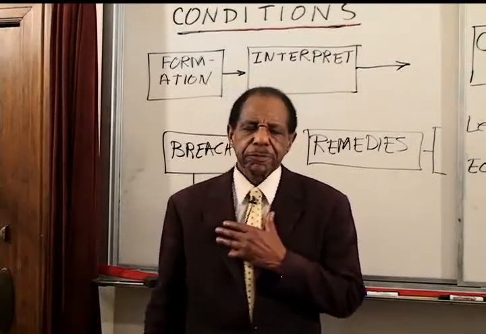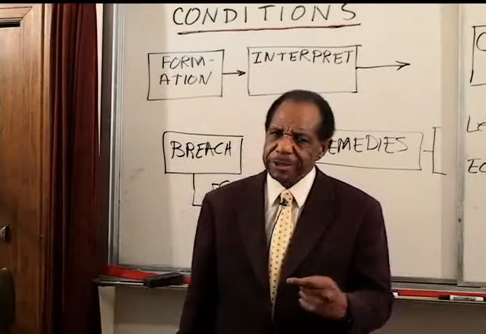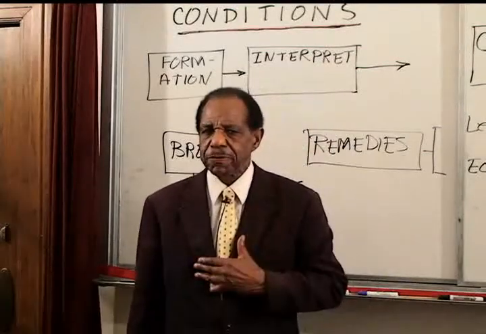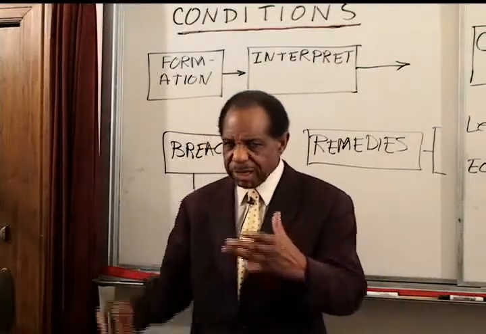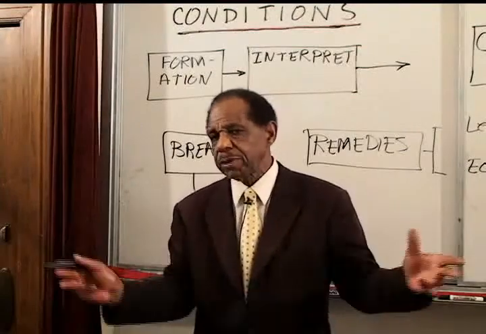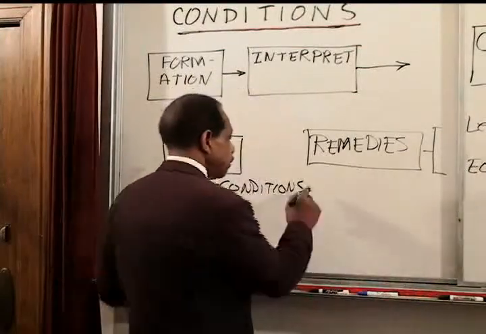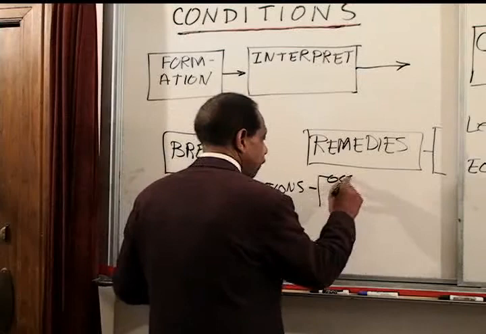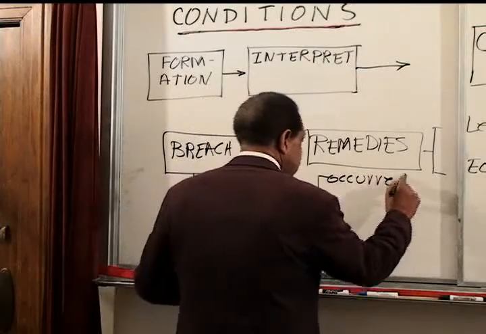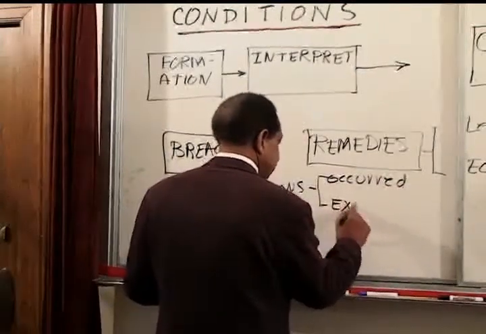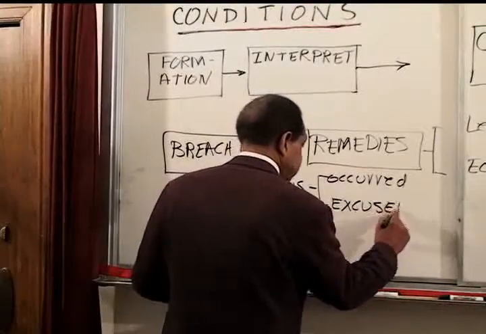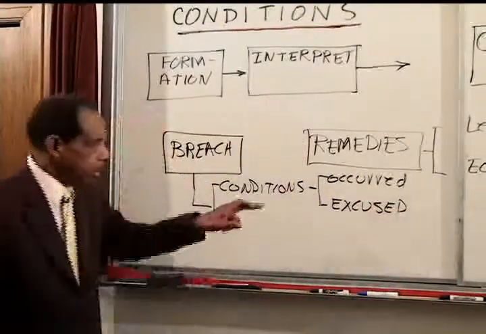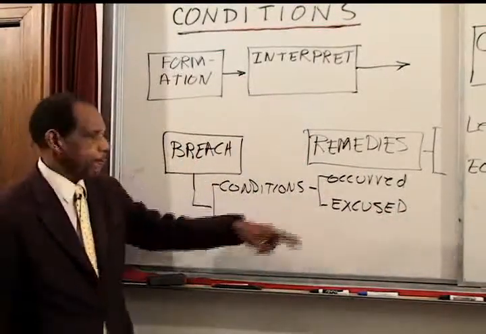So you'd lose. So if there are conditions precedent to my duty to perform, if you're going to claim I breached, the first step is have all those conditions occurred. So those conditions precedent must have either occurred or been excused. And here is where we're going to be working today.